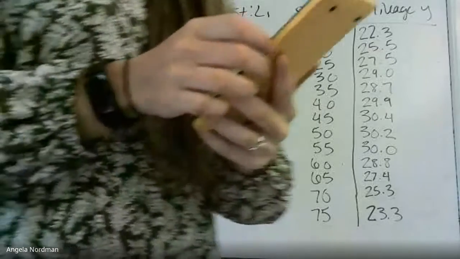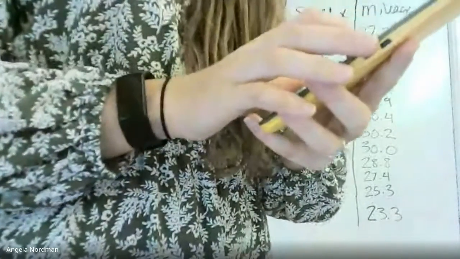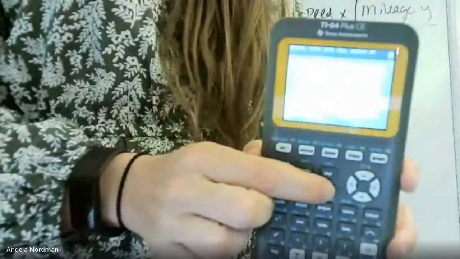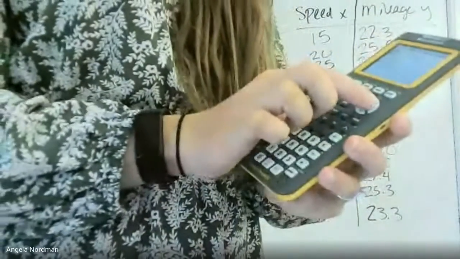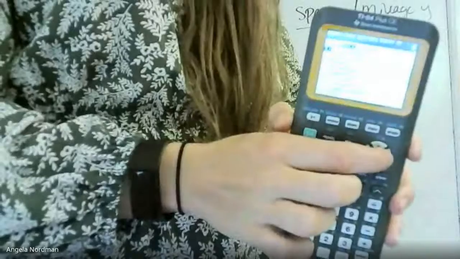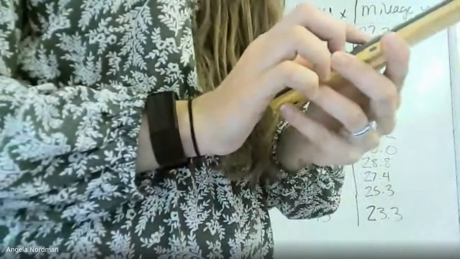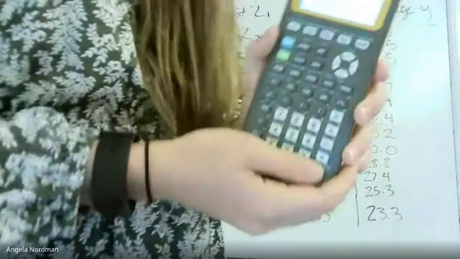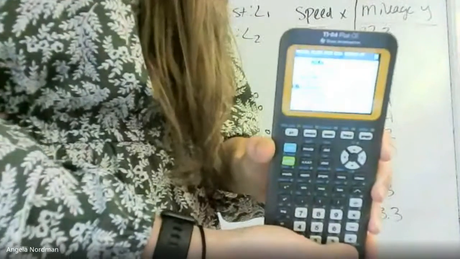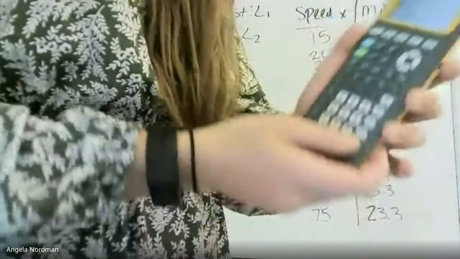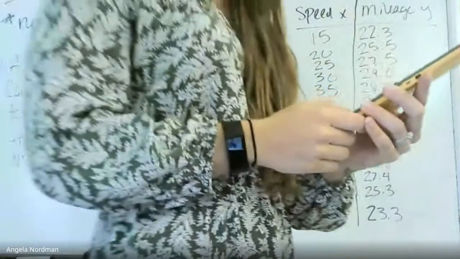Once I've decided that it is in fact a quadratic function, I go to the stat button. I arrow over to calc and go down to number 5, which is quad reg, quadratic regression. On number 5, I press enter.